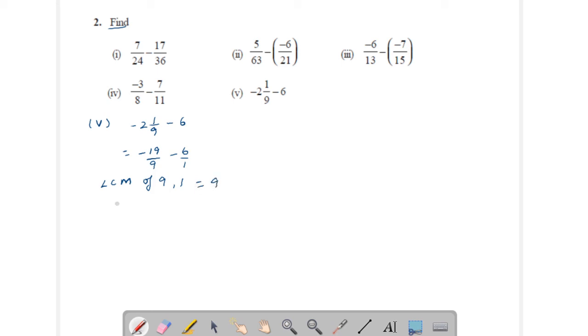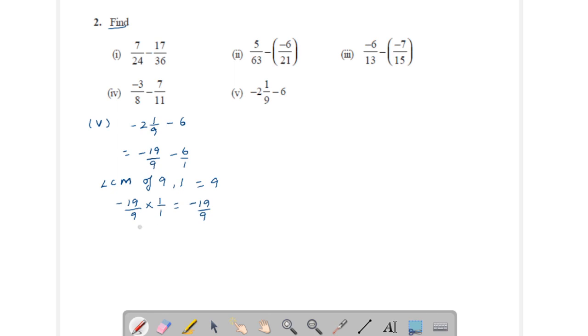Take first rational number minus 19 upon 9. Denominator is 9. Divide LCM 9 by 9. You will get 1. Multiply numerator and denominator by 1. You will get minus 19 upon 9.